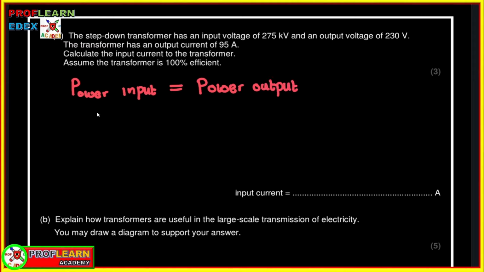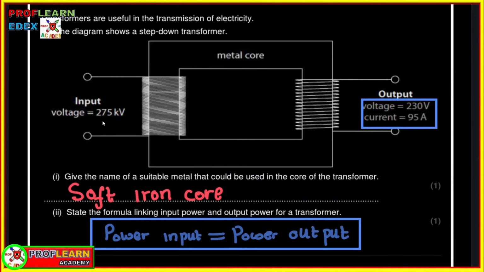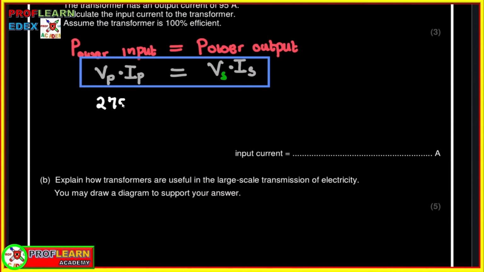Remember, to work out power in, it is voltage in the primary coil times current in the primary coil, which is the same as voltage in the secondary coil times current in the secondary coil. We can substitute all that we have into this, because we know the voltage here was 275 kilovolts. You need to remember that kilo means 1000 in physics, so that you can get the question right.